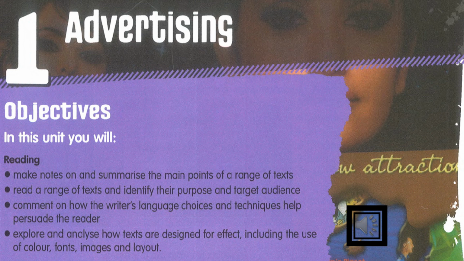Then explore and analyze how texts are designed for effects, including the use of color, font, images, and layouts. They brought this about because here we're talking about advertising, and you also have to understand the meaning of advertising: when you market your product or your service, maybe on television or on the radio or in the newspaper or magazine.